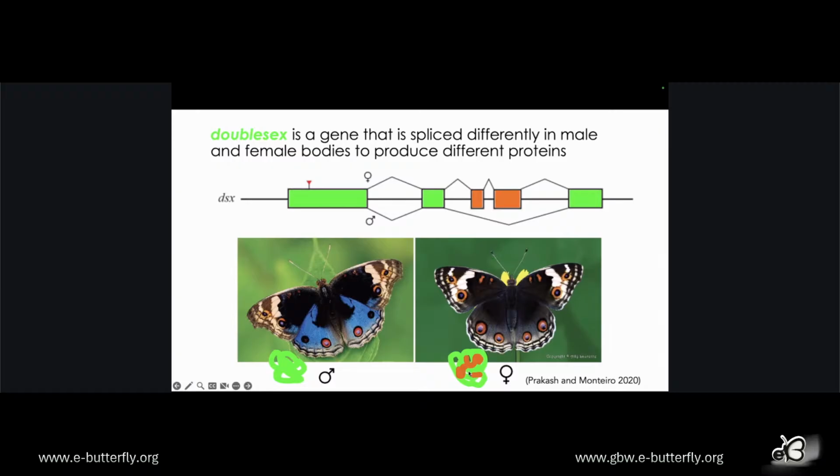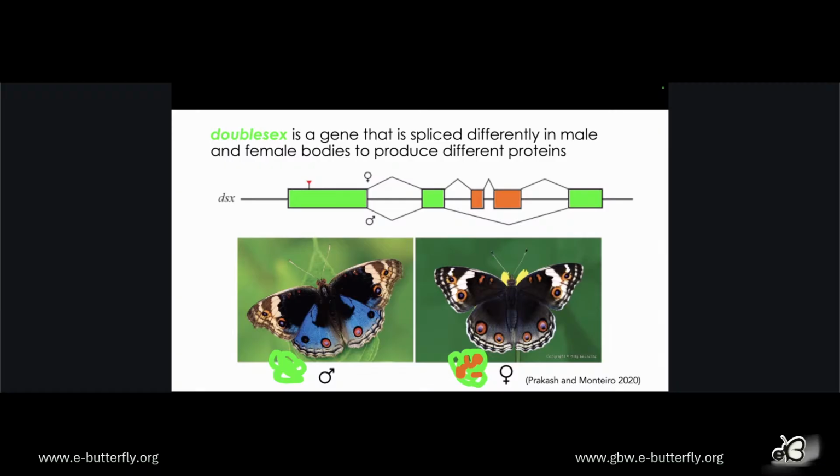It's a slightly larger protein. And so these proteins have different shapes. And because they have different shapes, they will have different functions in the body. And so the idea here is that males and females end up with different proteins that can regulate the default genetic programs for wing pattern development differently.